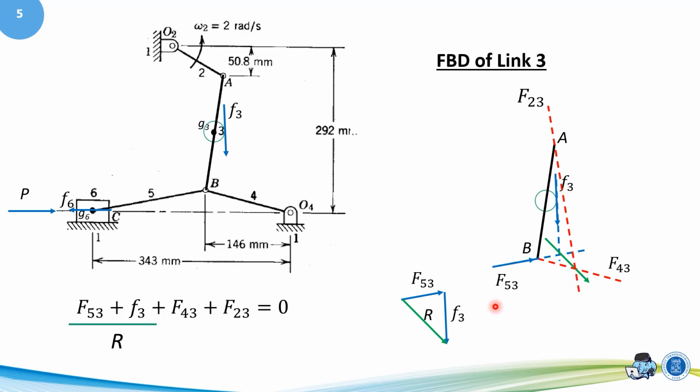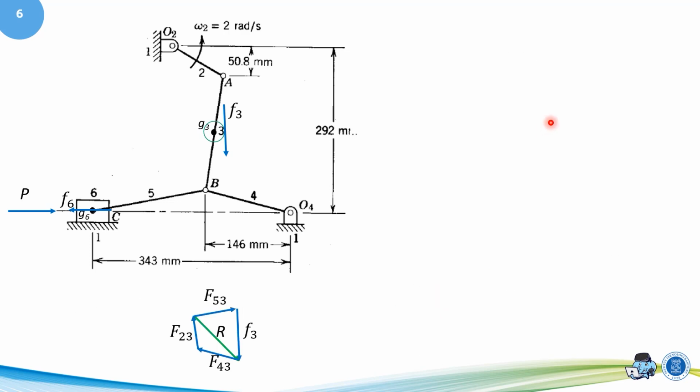Then we draw the force polygon again, F43 and then F23. So we have the intersection. It means that this vector is F43 and this vector is F23. Next, we draw the free body diagram of link number 2.